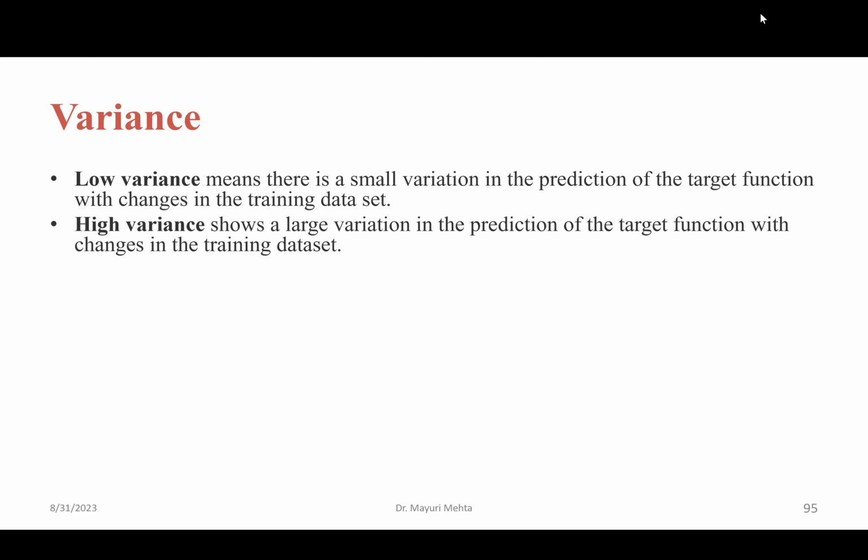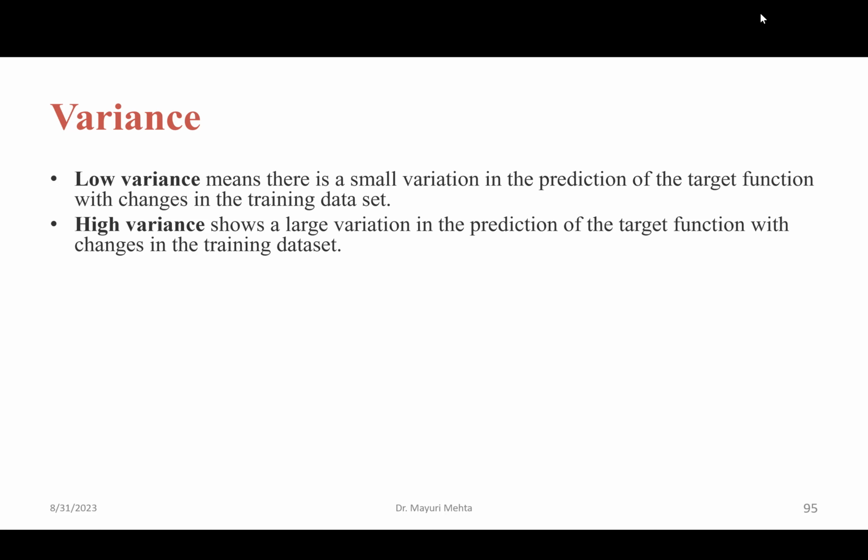A model that shows high variance learns a lot. It overlearns. It performs well with the training data set and does not generalize well with unseen data, and that's why the variance is high. For the training data set, it performs very well, but for the unseen data set, it does not perform well. So we can say that the model has not generalized well.